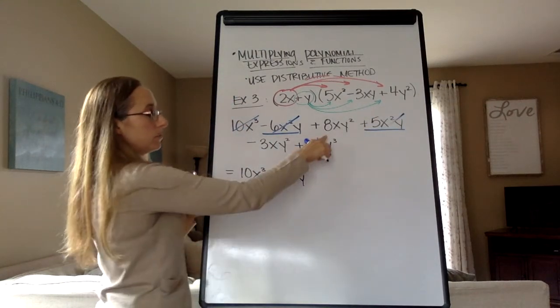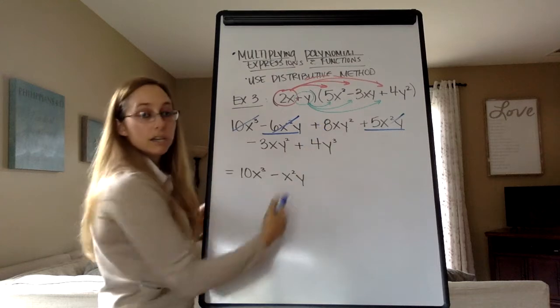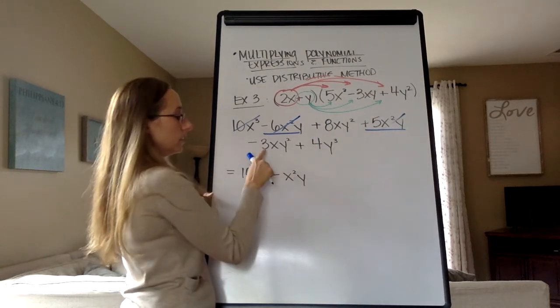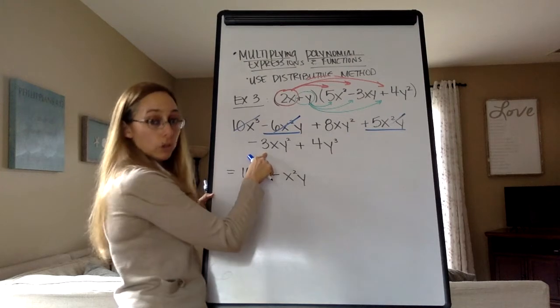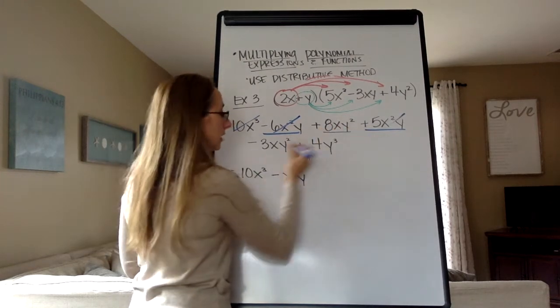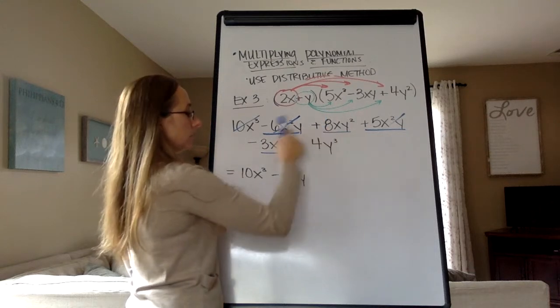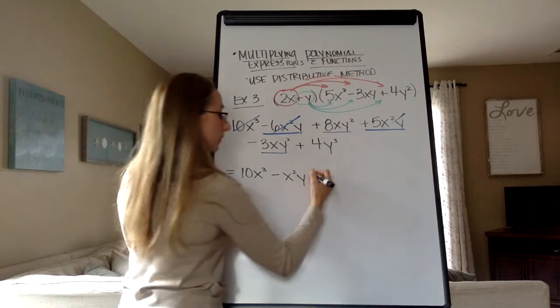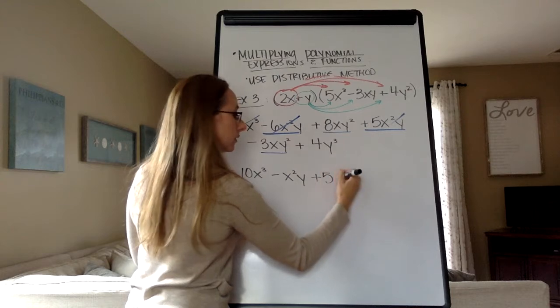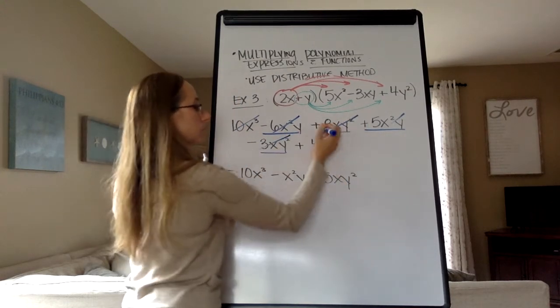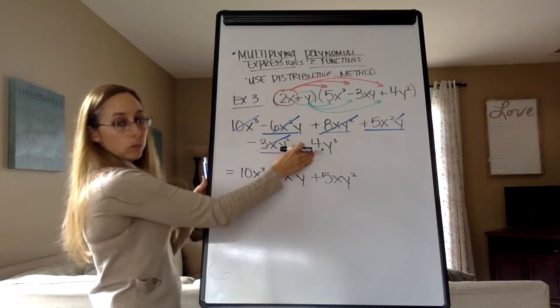And then now we're moving on to 8xy squared. So we need another xy squared term. So 8xy squared minus 3xy squared, those both have in common the xy squareds. And this has a y cubed, so not a match. So then we have 8 minus 3 is 5, so plus 5xy squared, plus 4y to the third.